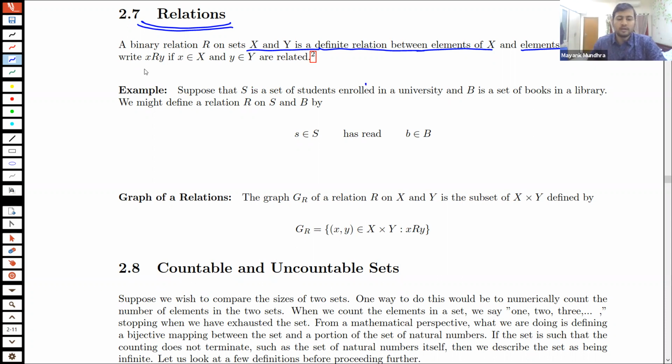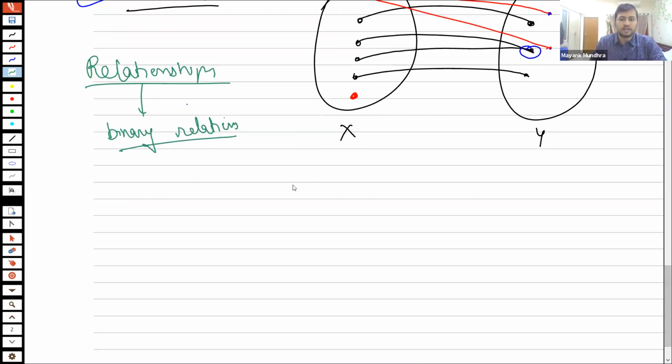So for example, X could be, let's say, the set of students, and Y is, let's say, the set of books that they have read.